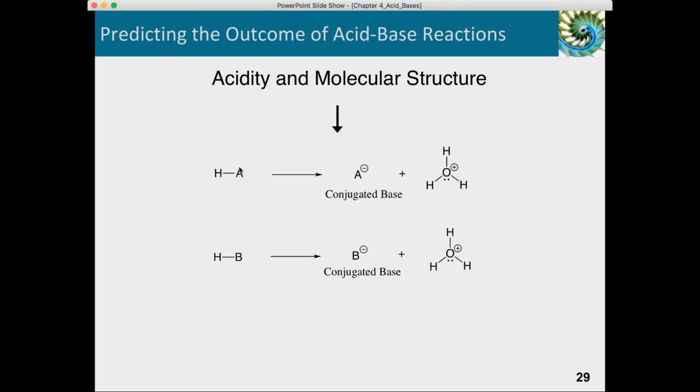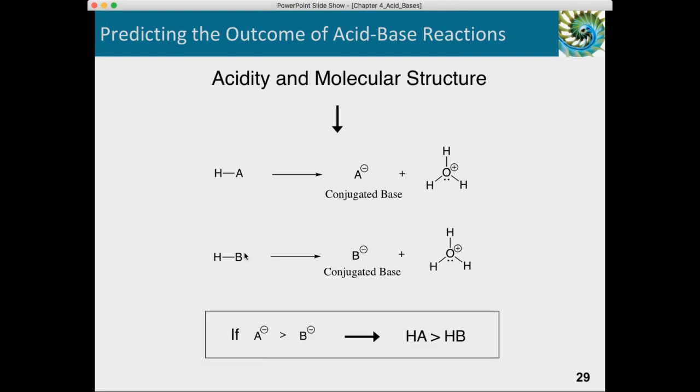HA will dissociate into A minus and hydrogen. A minus will therefore be the conjugate base of HA, and B minus will be the conjugate base of HB. If I want to determine which of these two is more acidic, I will look at the stability of A minus and B minus.